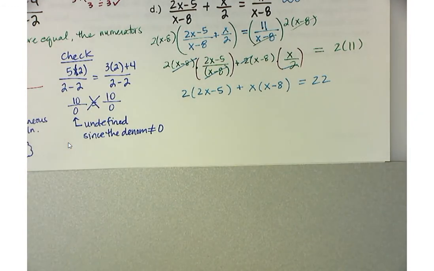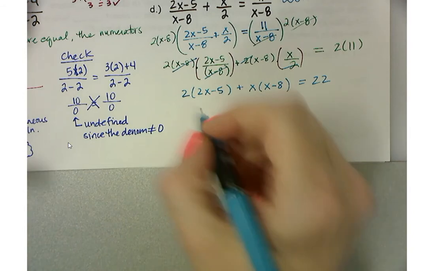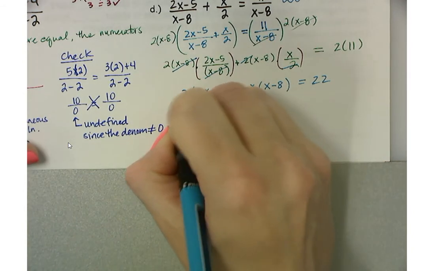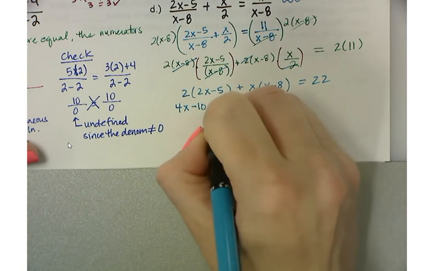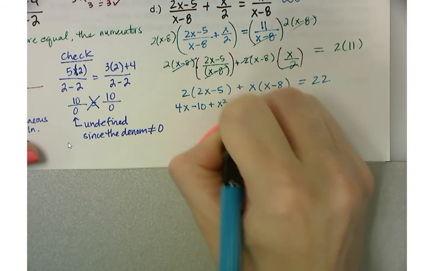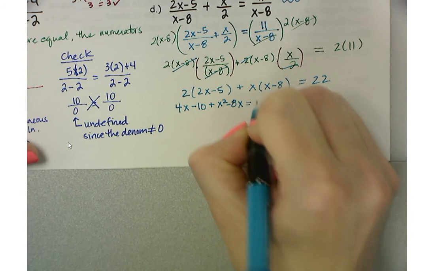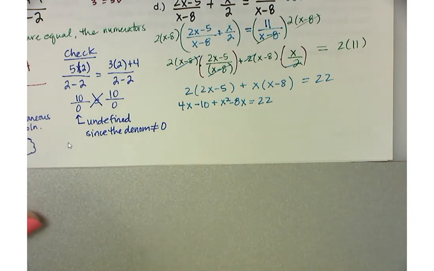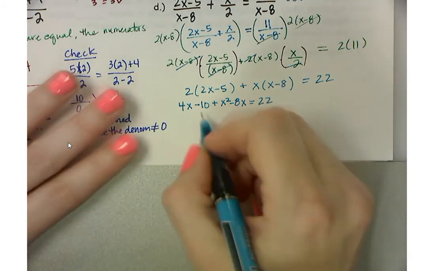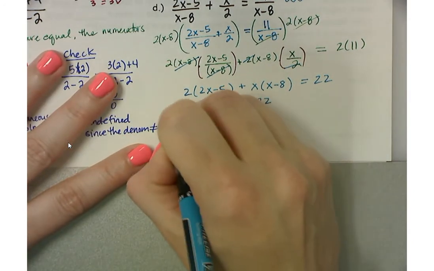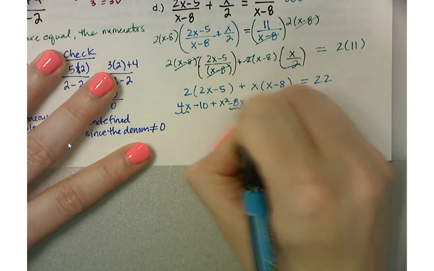Okay, so you have x squared, negative 8x plus 4x is negative 4x minus 10. Okay, so then I'm going to move the 22 over so I can factor. So x squared minus 4x minus 32.